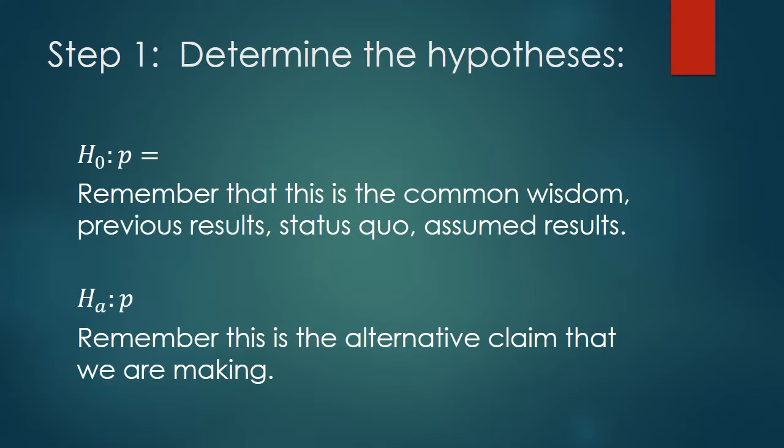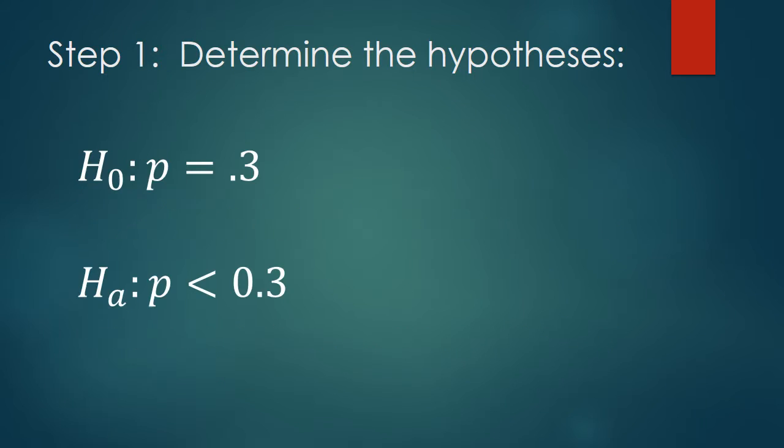That's kind of what's already been found by somebody else. The alternative hypothesis is what we are saying that could be different. This is the alternative claim we're making, and we are testing the claim that less than 30% of teen girls smoke to stay thin. So that's our alternative hypothesis.